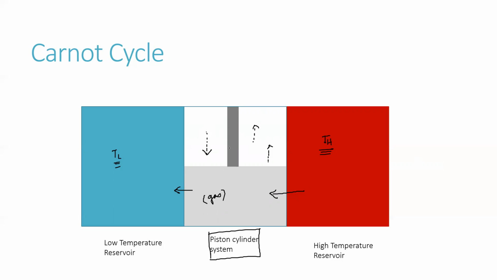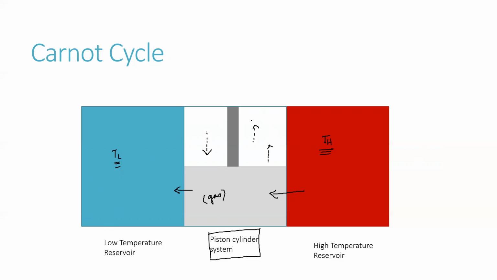So the system absorbs heat from the high temperature reservoir and loses some heat to the low temperature reservoir. When it absorbed heat from the high temperature reservoir, it did some work. And when it released heat to the low temperature reservoir, work was done on the system.